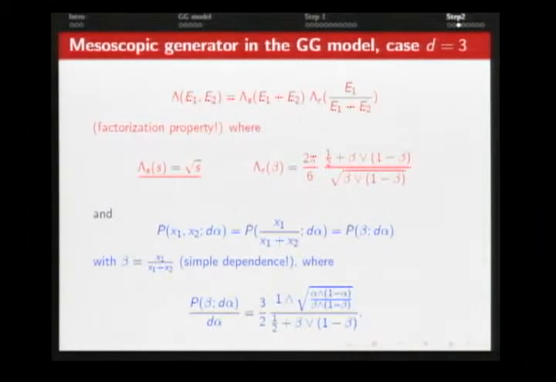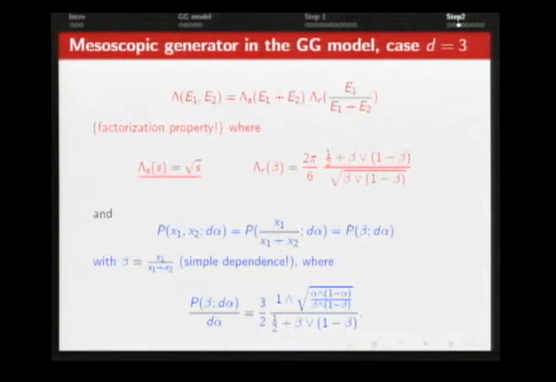I don't want to talk very much about the special form. The essential thing is that the generator in the Gaspar-Gilbert model, not only in dimension 3 but in arbitrary dimension, belongs to our class, though in dimension 3 the formulas are simpler.